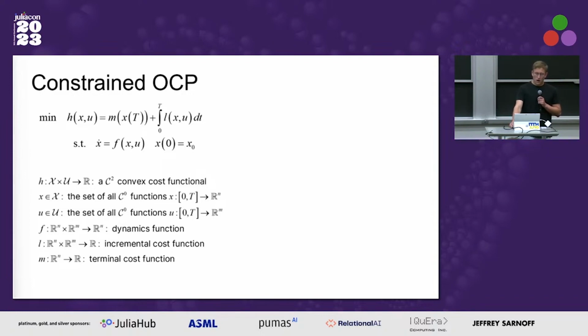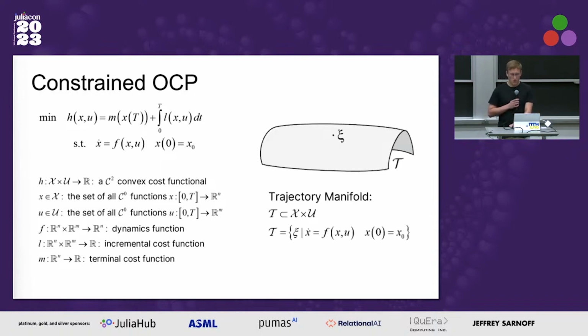Now, this optimal controls problem is generally hard to solve because it is constrained onto the trajectory manifold of the system, which can often be defined by nonlinear dynamics. This trajectory manifold is defined as the subspace of these state and input spaces, x and u. And any given trajectory, c, which is a pair of these two functions, can be said to belong to the trajectory manifold if it obeys the dynamics of the system and the initial condition.